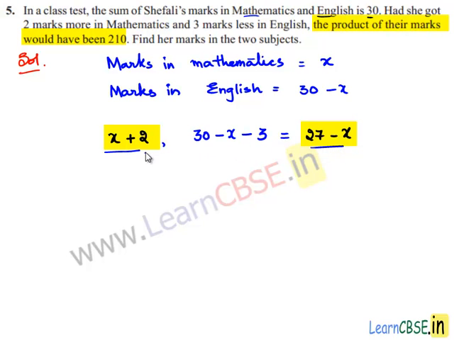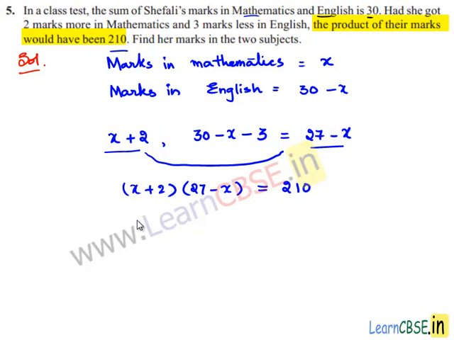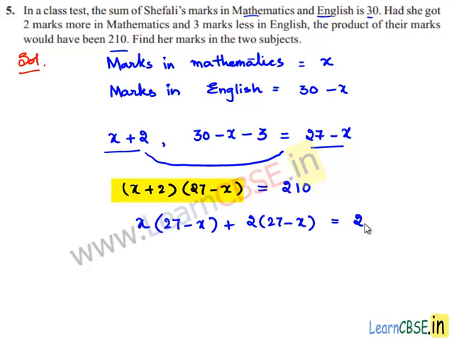So this product is equal to 210. X plus 2 multiplied by 27 minus X is equal to 210. X times of 27 minus X plus 2 times of 27 minus X is equal to 210. 27x minus x square plus 54 minus 2x is equal to 210.